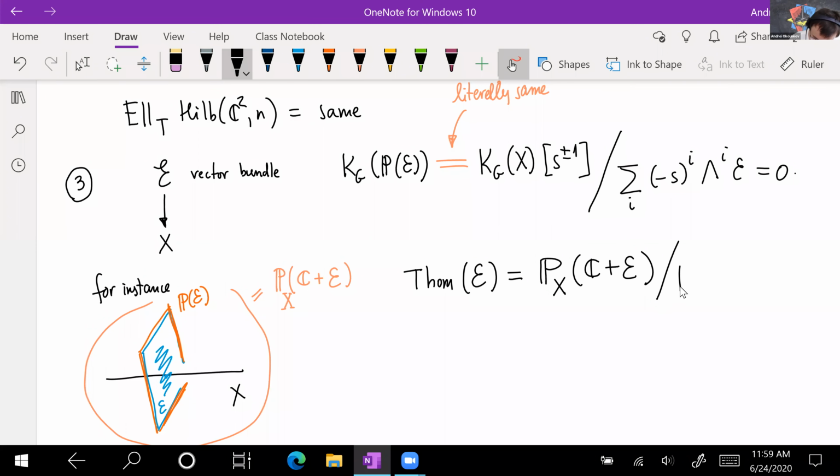So I contract it. So this is like a twisted, so if my bundle was trivial, it would be like suspension. I multiply by a segment, I contract the infinity. So this is like a twisted suspension of X.